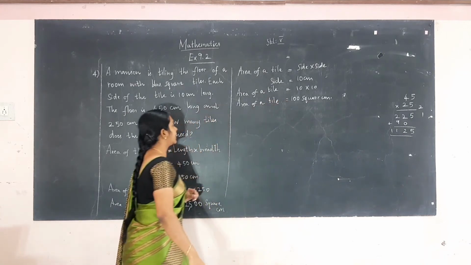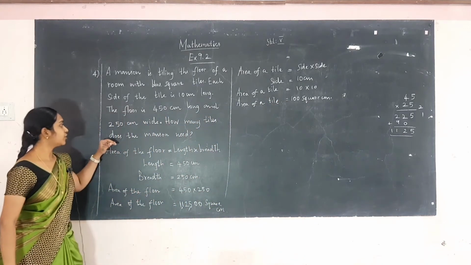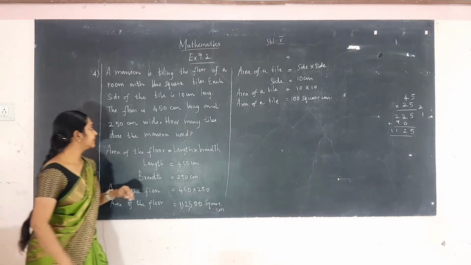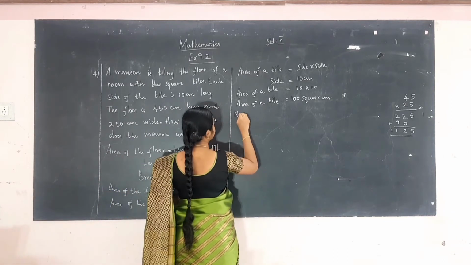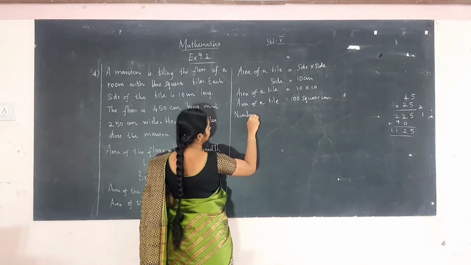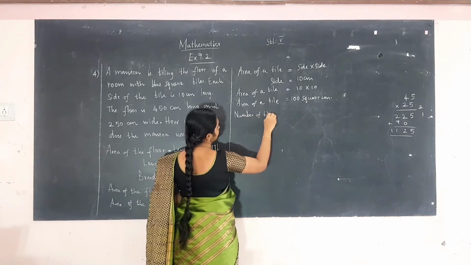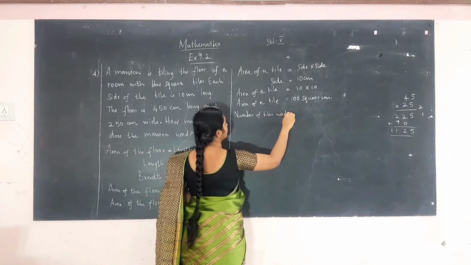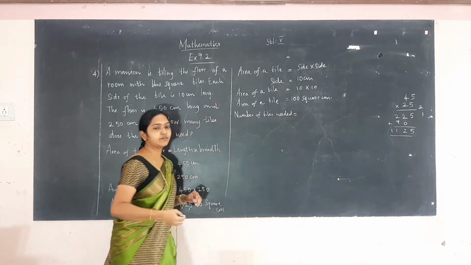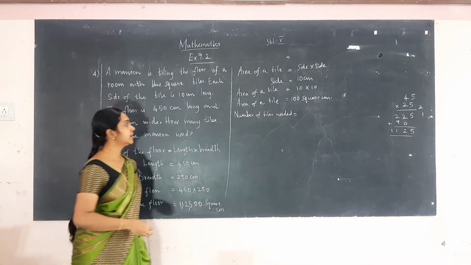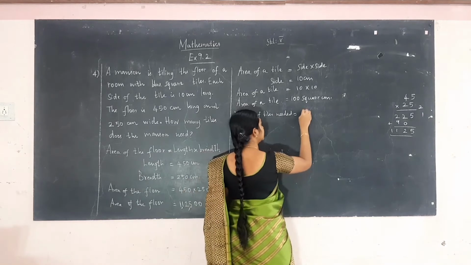Now we have to find the number of tiles needed. We have to divide the area of the floor by the area of a tile.